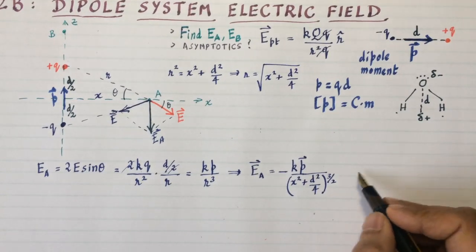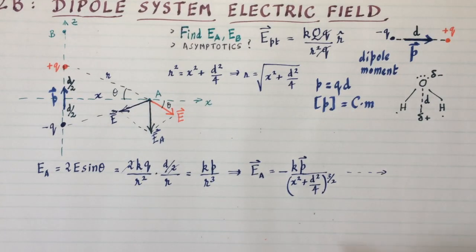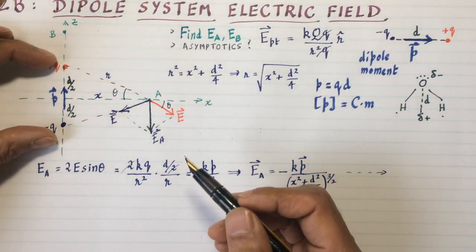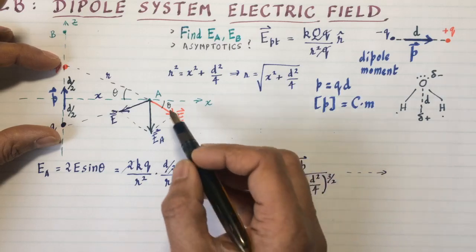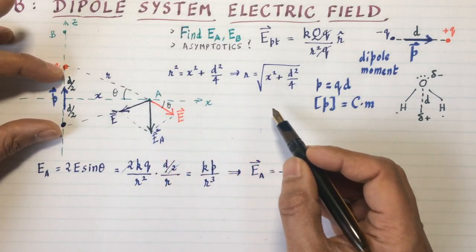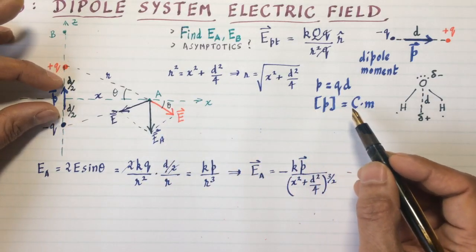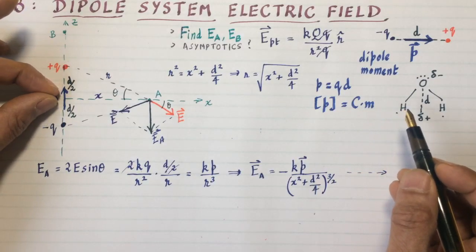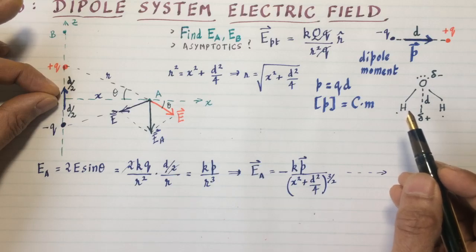Now for the asymptotics, an easy way to do the asymptotics is the following. If you're going really far away from the dipole, this is rather like watching the two headlights of a car. If you go really far away from a car, the two headlights seem to merge together, and you won't know after a certain distance if you're looking at a car or a motorcycle with just one headlight. So that's really what's happening.